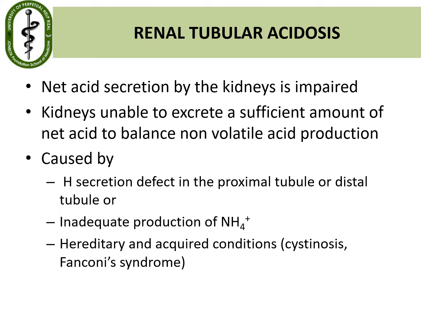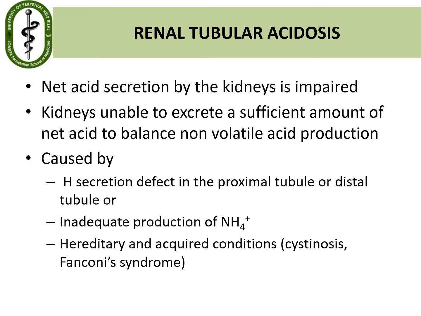For renal tubular acidosis, in this situation, the net acid secretion by the kidneys is impaired. The kidneys are unable to excrete sufficient amount of net acid to balance non-volatile acid production.